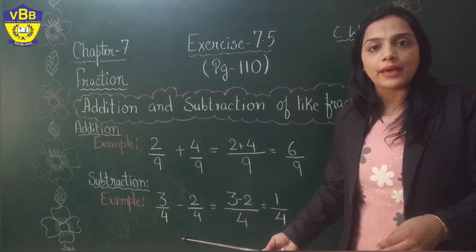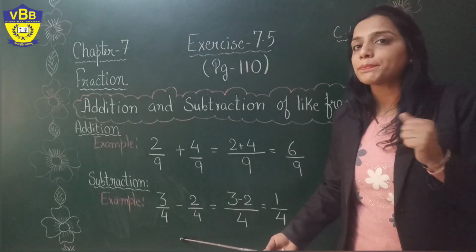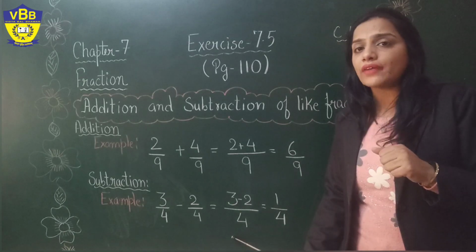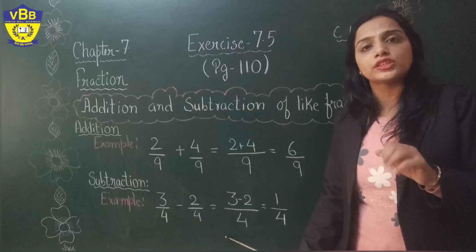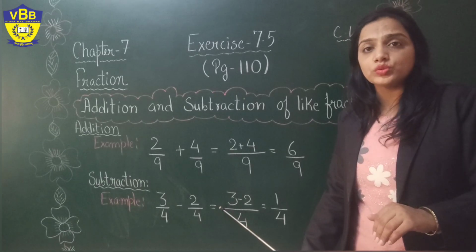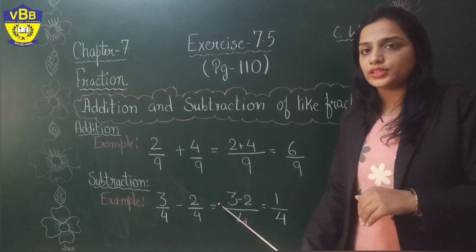Now, what is our next step in this part? We have to subtract, minus, right? We don't have to change the denominator. The denominator will remain the same, but we have to do subtraction in the numerator values, that is the top values.